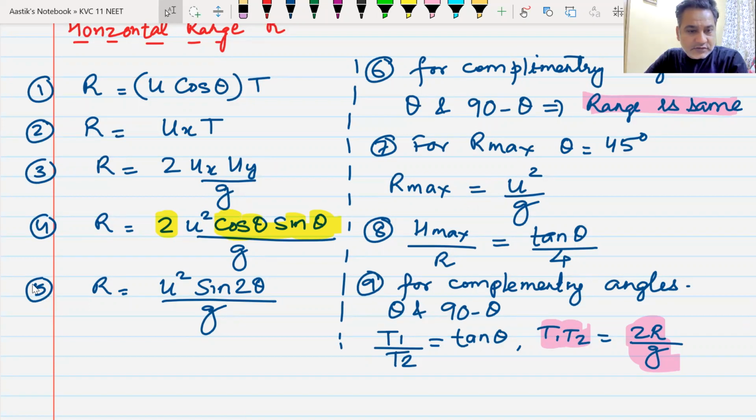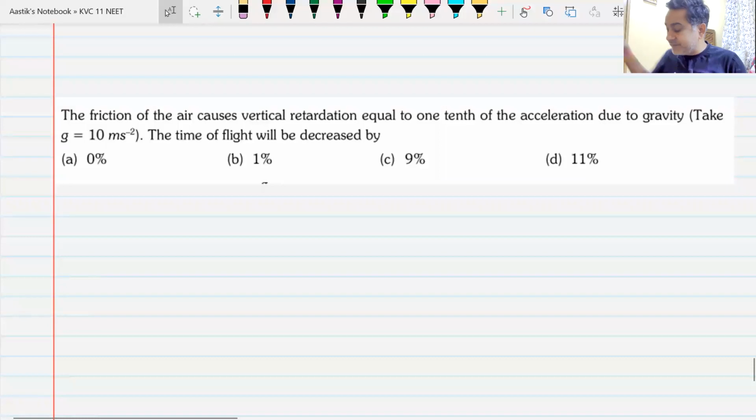Okay, we had done this question. We had done this question. Okay, let's do this one. These are the type of questions that are going to come in your exam, and I hope you are going to do this.